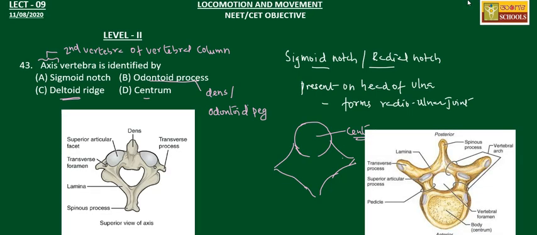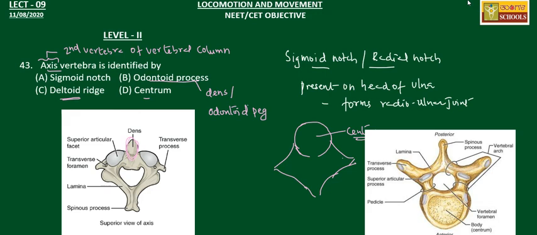In these pictures I'm showing you the dens or odontoid peg that is part of the axis vertebra. The odontoid peg or dens, or you can also call it the odontoid process, is part of the second vertebra, that is the axis, which fits into the first vertebra called atlas and helps in forming a pivot joint.